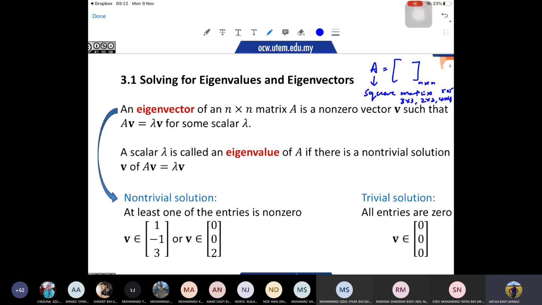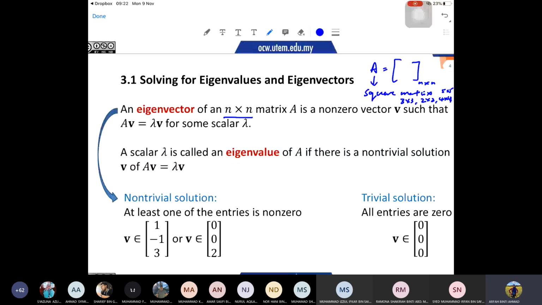So an eigenvector of an n times n matrix A is a non-zero vector V such that AV equals lambda V for some scalar lambda. This means that to get the solution of the eigenvector for a square matrix, we define a vector V, which is the eigenvector. Vector V is the eigenvector. Okay. And lambda is the eigenvalue of the matrix concerned, because we want to find its solution.